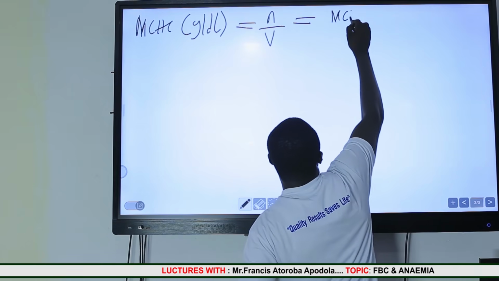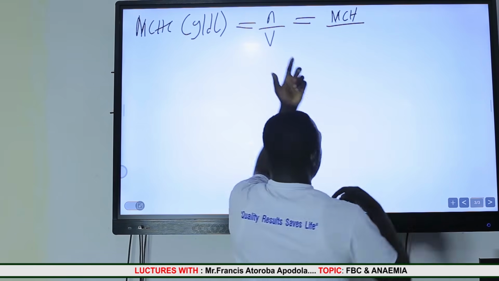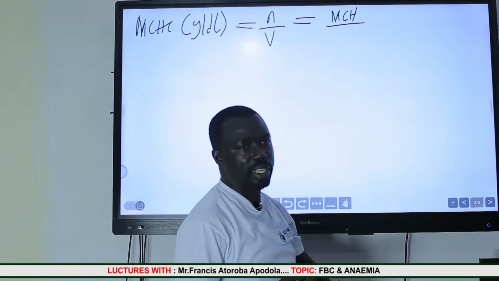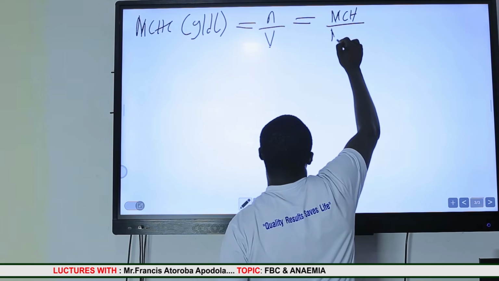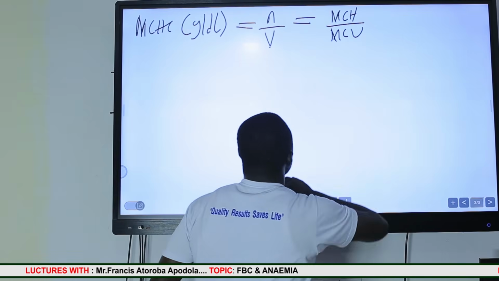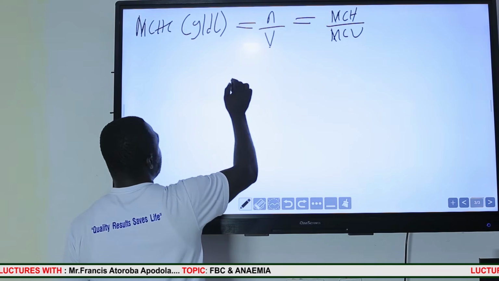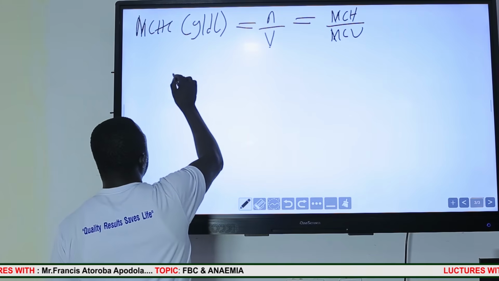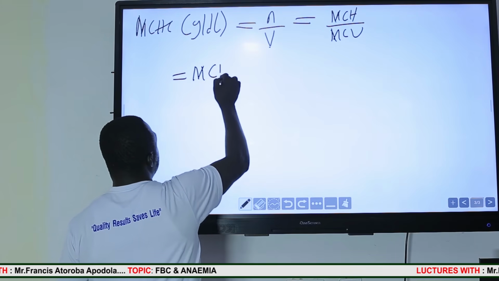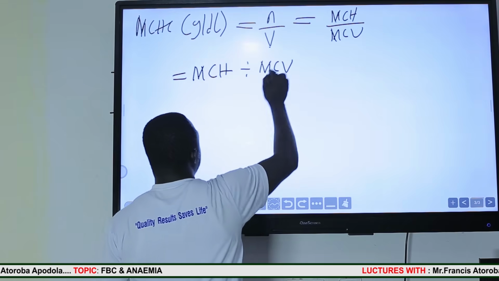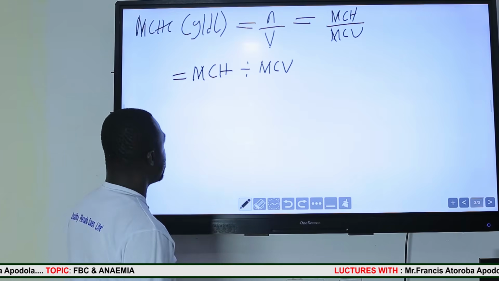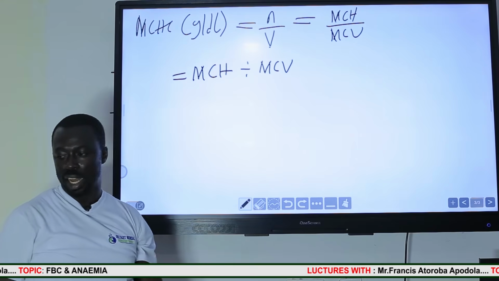MCH. We said MCH is the amount of hemoglobin in a single red cell. And which was defined in terms of volume was the MCV. So in other words, MCHC is equal to MCH divided by MCV. MCH is in gram per deciliter.